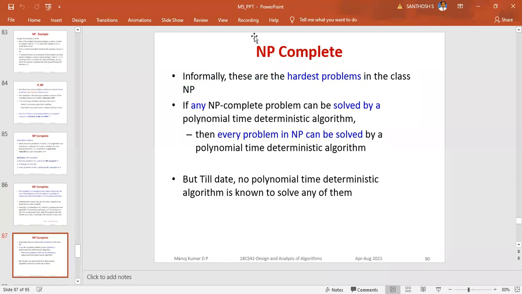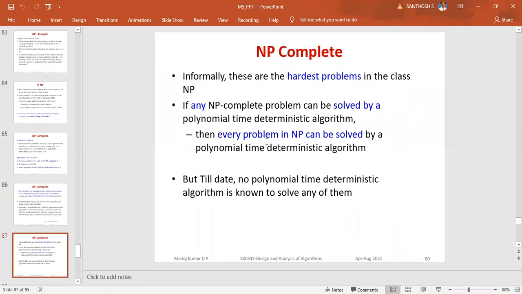Now we come to NP complete. Informally, these are the hardest problems in the class NP. If any NP complete problem can be solved by a polynomial time deterministic algorithm, then every problem in NP can be solved by a polynomial time deterministic algorithm.